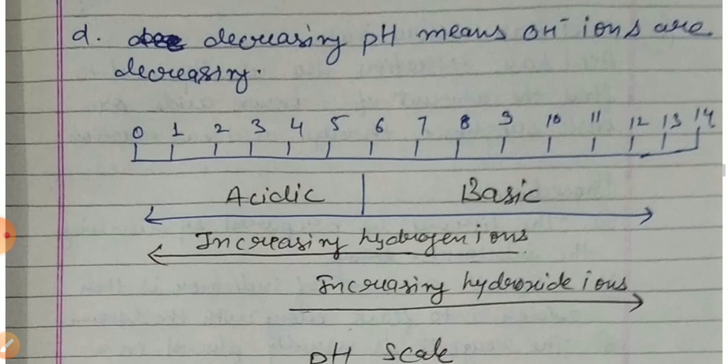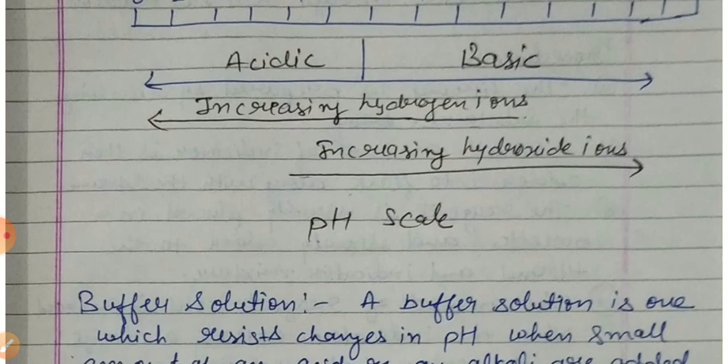In this scale you can see 0 to 14 marked. Below 7 it is acid, above 7 it is base, and 7 is neutral. So below 7 the hydrogen ion increases, and above 7 the hydroxide ion increases. Okay, so this is the pH scale.